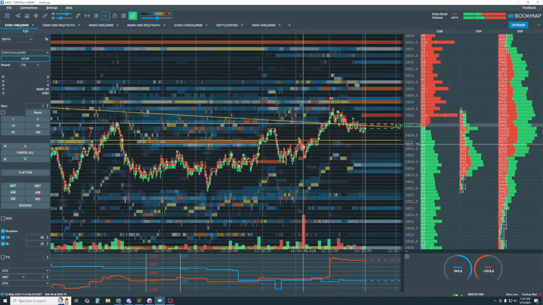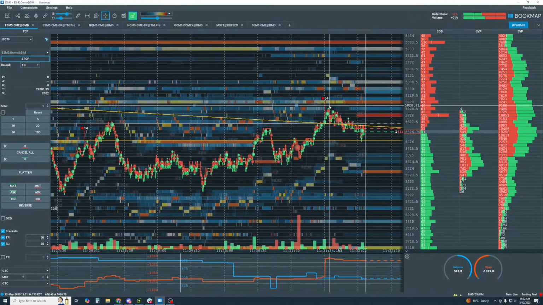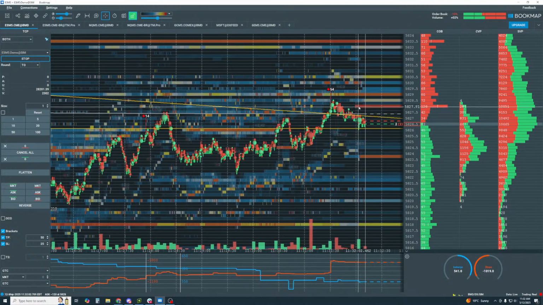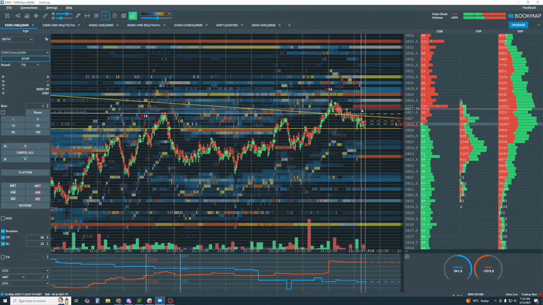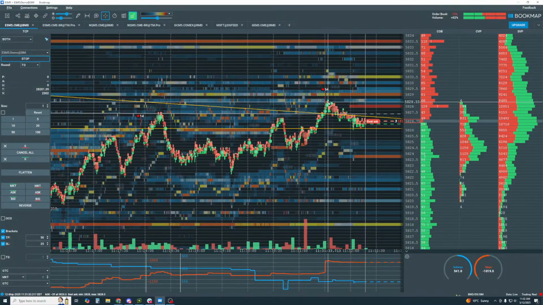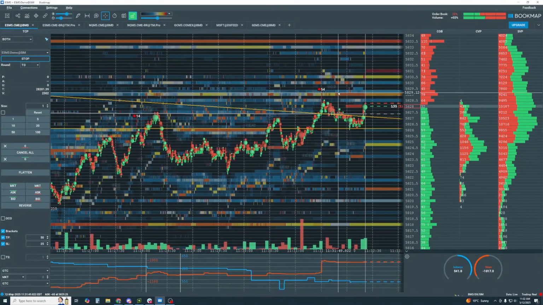I like to see this consistency in the follow through in the volume. That's what I'm trying to get across here. But like I said, I know a lot of very professional traders that don't care, they just want to see the big volume. That's it. That's all. And they don't look for that, right?